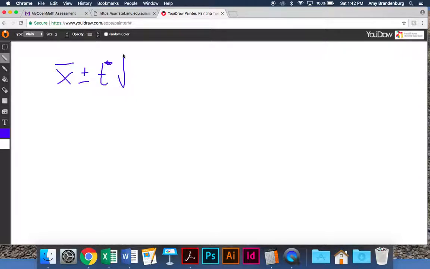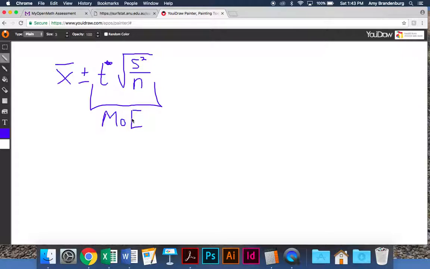times our SE, which is the square root of S squared divided by the sample size n. Just the part that we're adding and subtracting, and that's always true for all of our confidence intervals, that's our margin of error.